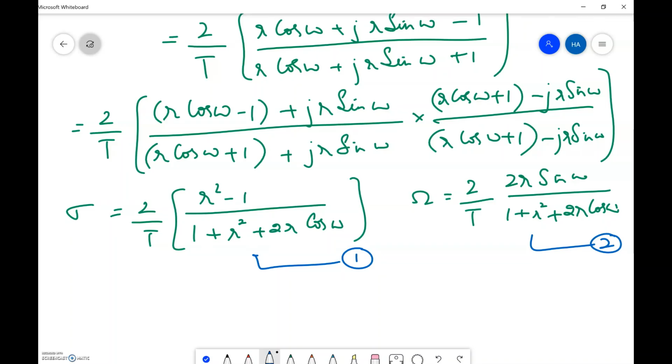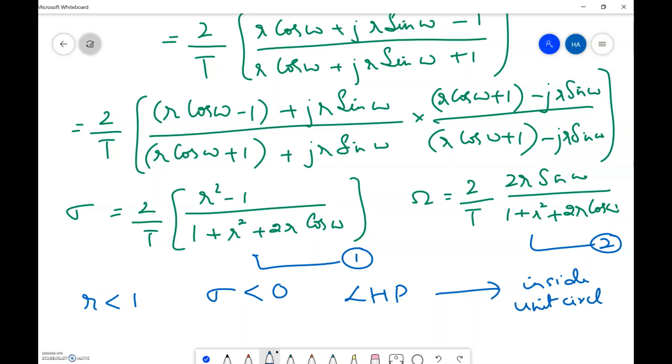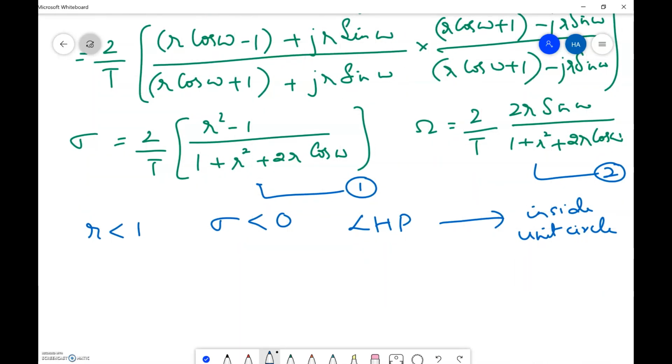So if you look at equation 1, if the value of r is less than 1, obviously sigma will be less than 0, a negative quantity. Therefore, what does that mean? The left half of the S-plane gets mapped to inside the unit circle in the Z-plane, resulting in stable poles. Similarly, if r is greater than 1, then sigma is greater than 0.